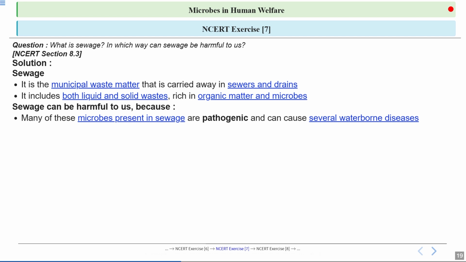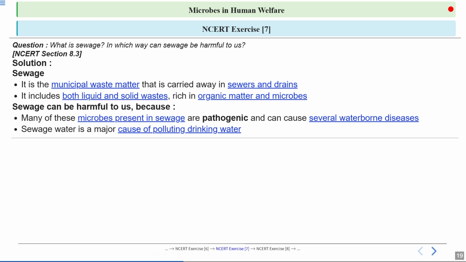Many of these microbes present in the sewage are pathogenic, they can cause disease, and they can cause several waterborne diseases as well. Now when sewage mixes with water sources, it can contaminate drinking water as well, making it unsafe to drink.